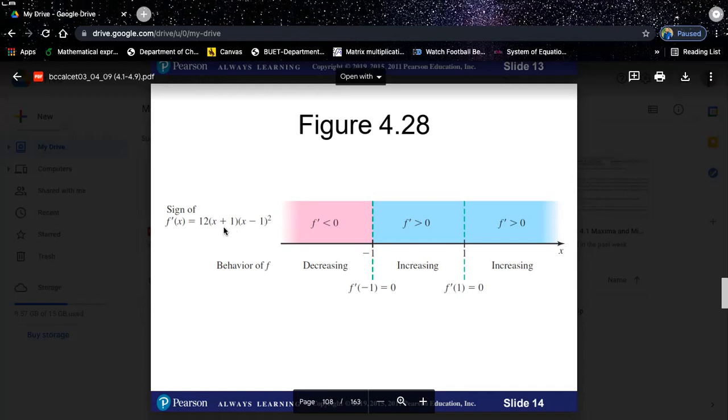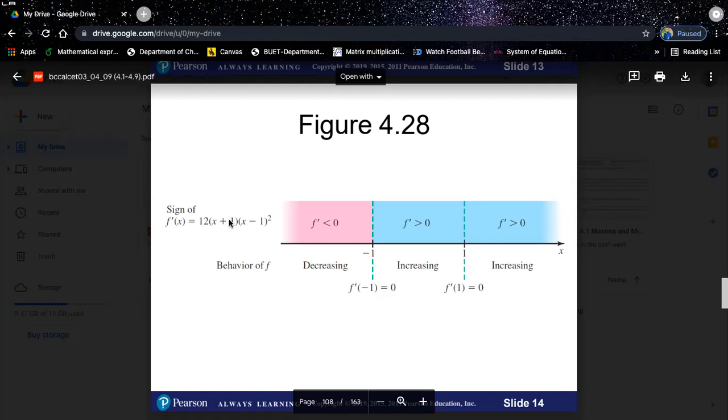But if we pick any value less than -1 for x, we can see this part will be negative. Do you agree? Let's pick -2.